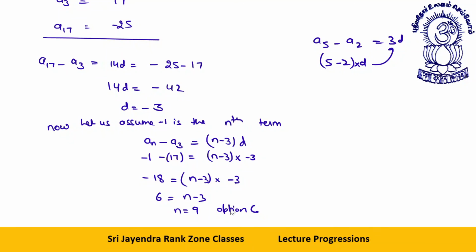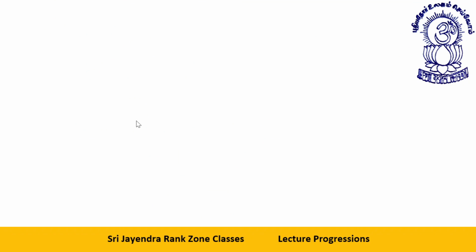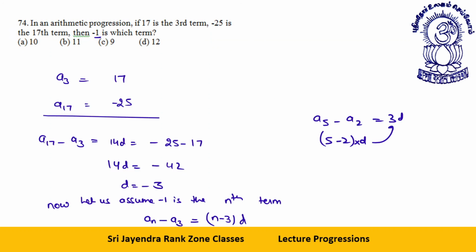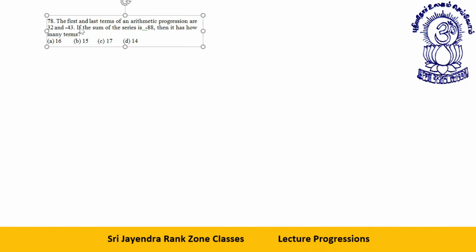All clear, dear students? Let's proceed further. The first and the last term of an arithmetic progression are 32 and minus 43.